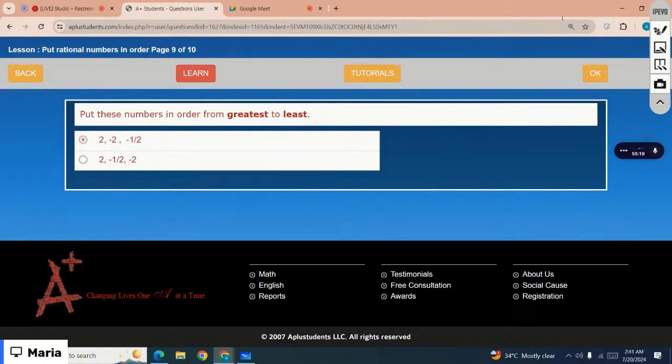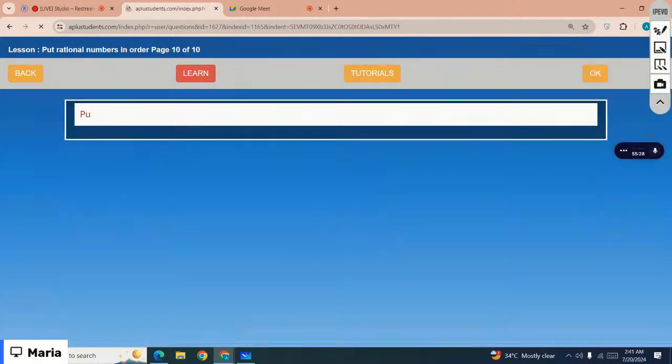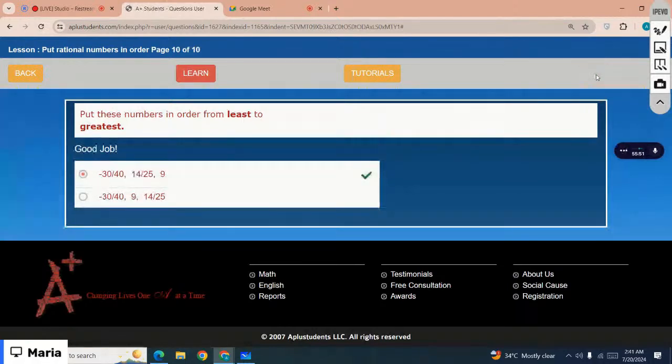That's option number one. Negative 2 and negative 1/2. Negative 2 is the least one. Option number two is the correct option. Put these numbers in order from least to greatest. So, which is the correct option? Option number one is the correct option, right? Okay, we are done with the lesson.